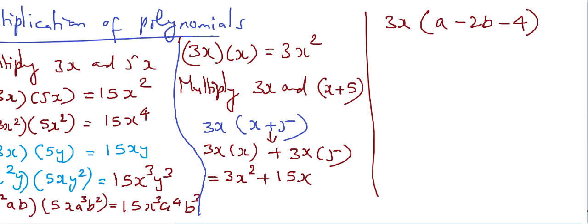So this is equal to 3x into a, and minus 3x into 2b, minus 4 into 3x, or let's say 3x into 4, it's the same.